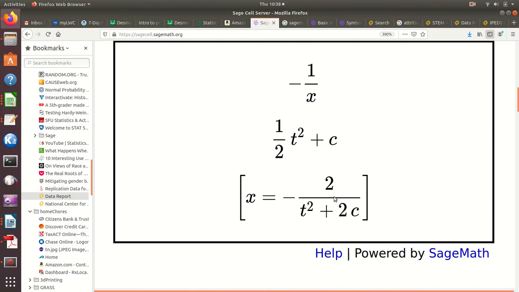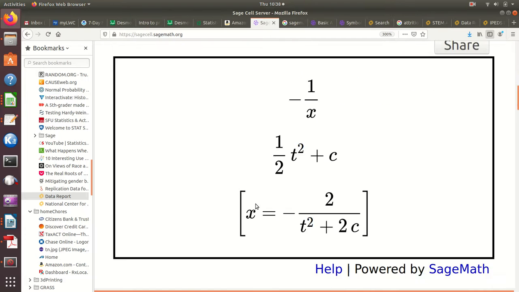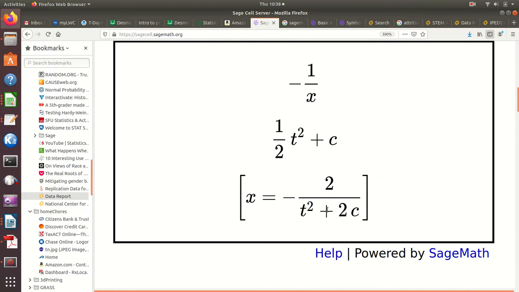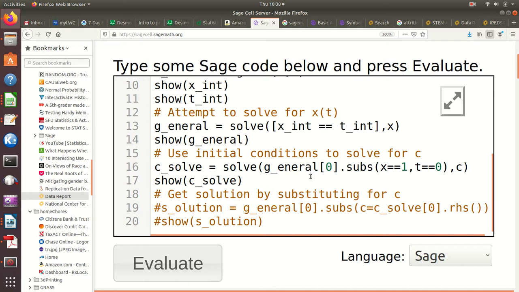Okay, so x equals minus 2 over t squared plus 2c. I want to solve that equation for c, so I'm saying solve for c, but I need to do a couple of things.